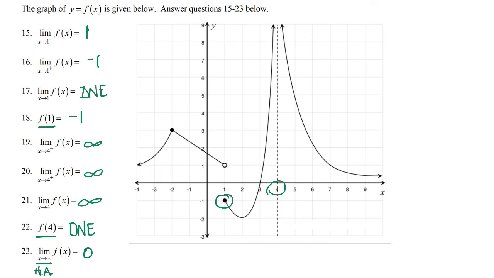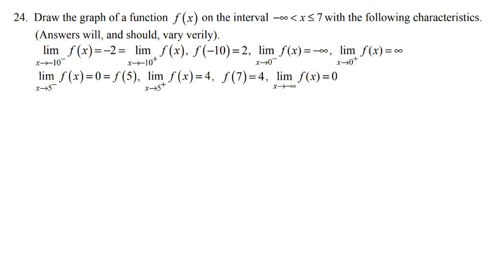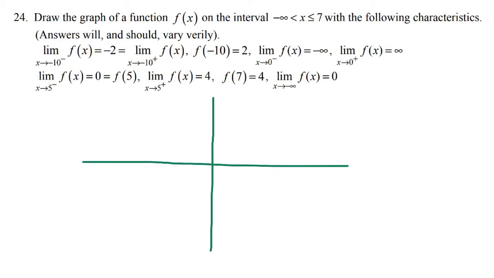Okay, number 24 we will discuss in class. This is when you may have several different answers. One particular answer, let's see, if we do an XY axis, and x is approaching -10 from the left and from the right is -2, so I'm going to put -2 down here, and -10 here.